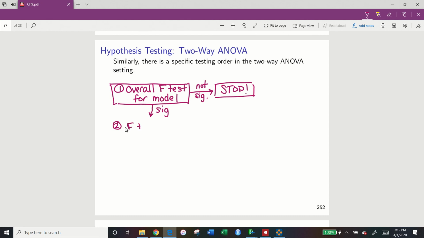And we are going to do an F-test for the two-way interactions. We haven't talked about this before, but basically we'll perform a partial F-test.